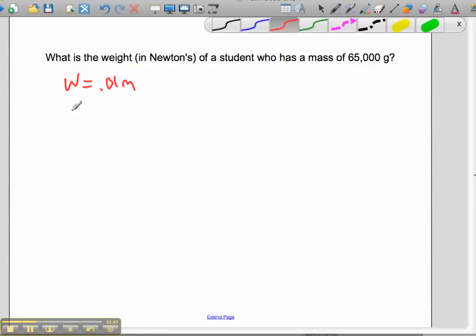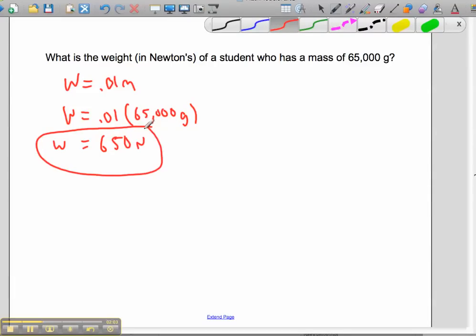So let's put our numbers in. 0.01 here, and now the mass, 65,000 grams. If you use your calculator, or some of you can do this in your head, you get 650 newtons. So a student who has a mass of 65,000 grams has a weight of 650 newtons. That's according to our mathematical model, our equation.